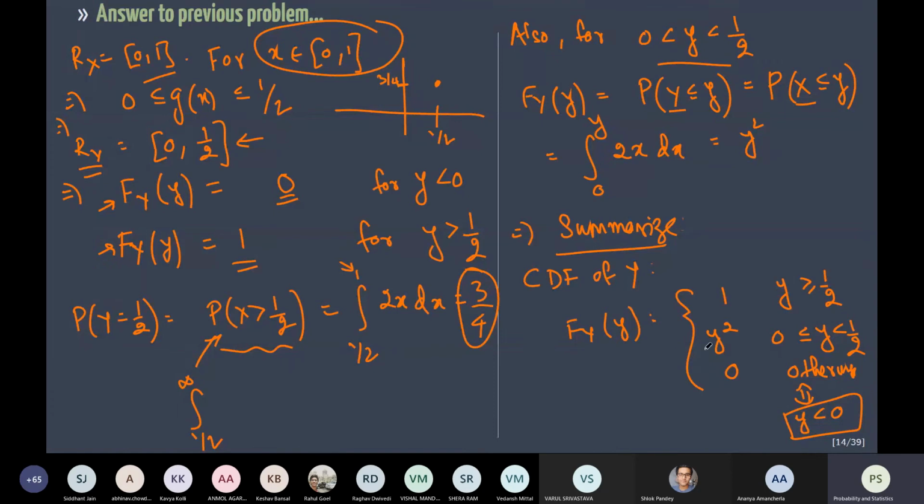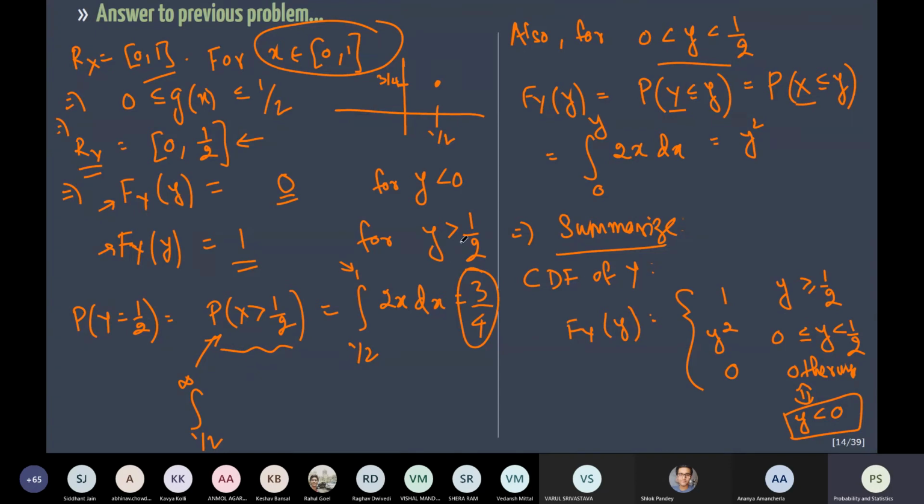So if we combine all this, then for y greater than or equal to half, we have 1.